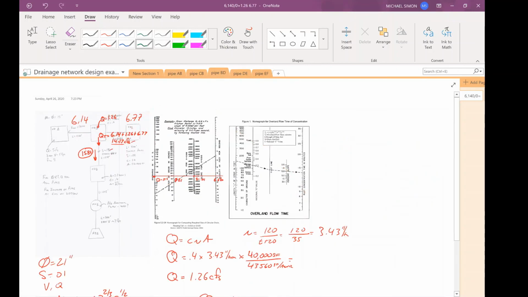So that Q would have been 5 plus 1.26 plus 4.87.